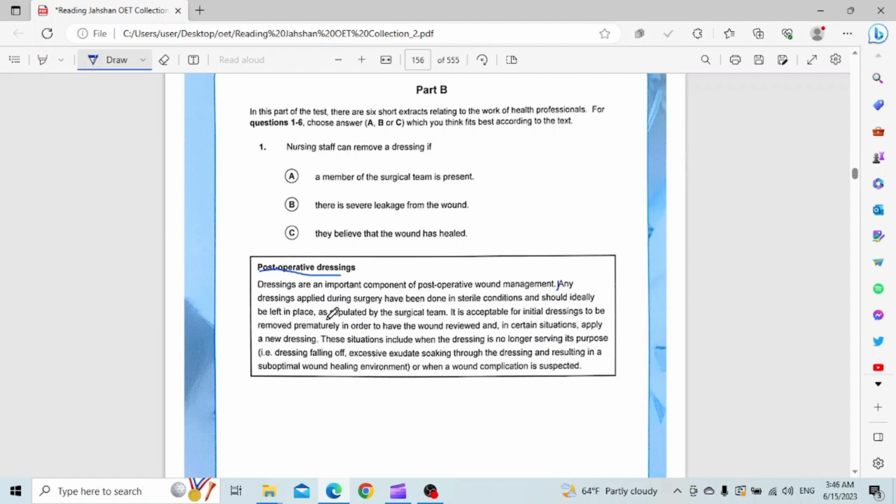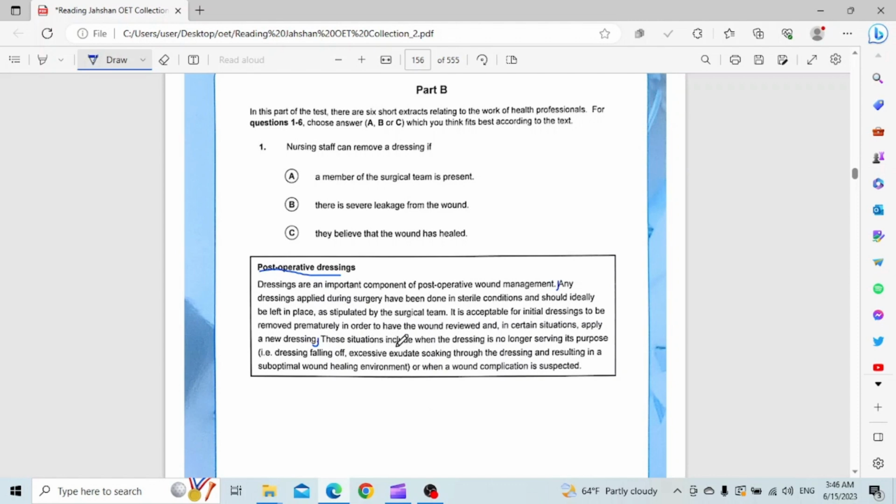Then I continue: "unless stipulated by the surgical team, it is acceptable for the initial dressing to be removed prematurely in order to have the wound reviewed and in certain situations apply a new dressing." Now I know when I may remove it prematurely.